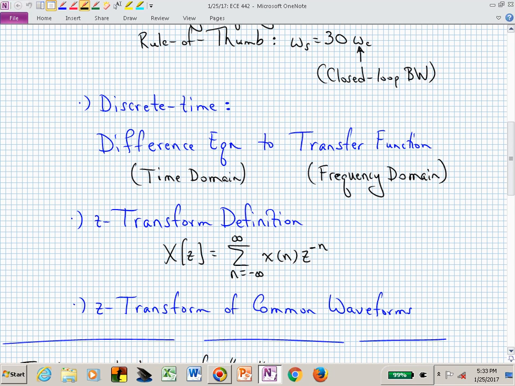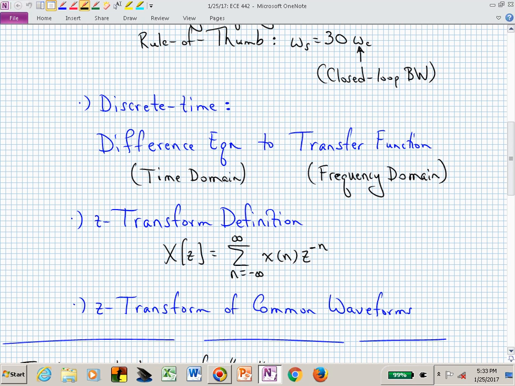Now that we've been playing with this Z a lot, let's use it to define the Z transform. We'll define the Z transform, and then we will start applying it to some common time domain waveforms, and you will start to see Z transforms in the frequency domain as they are related to the time domain waveform.